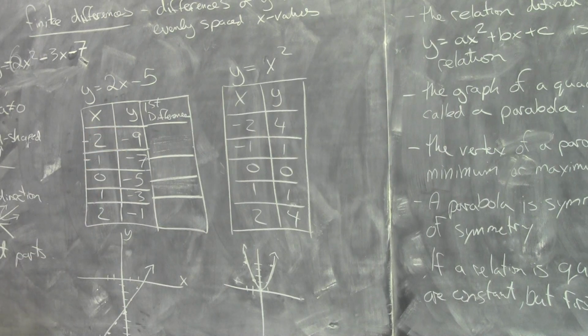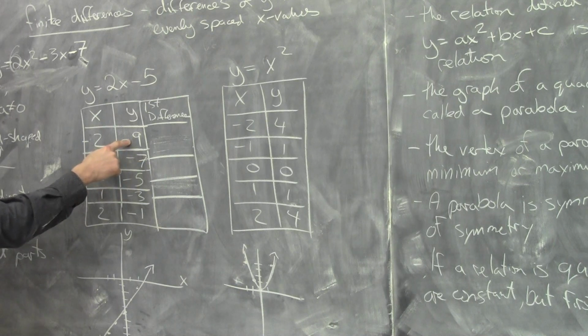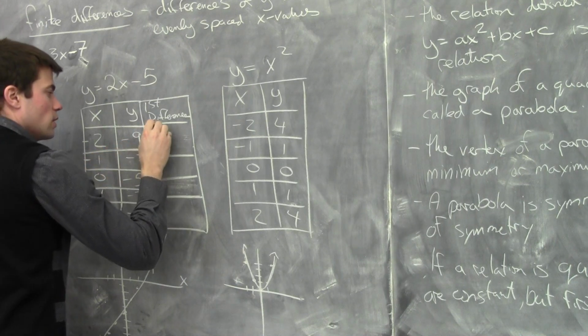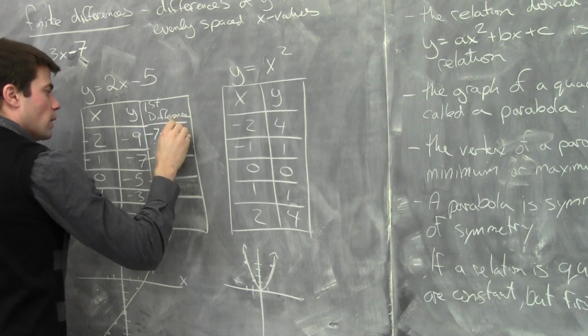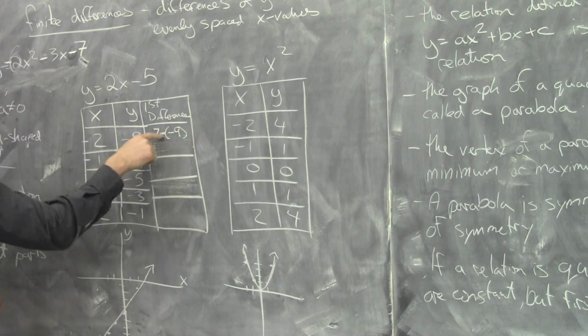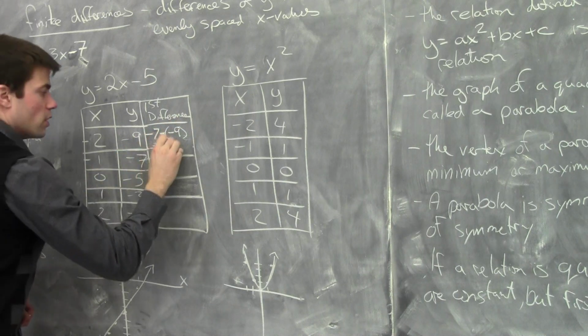Now we're checking the differences of the y values. So some people get confused here. You always make sure you subtract the second y value from the first y value. Okay, so we're going -7 minus -9. So -7 minus -9 is -7 plus 9, so that's +2.